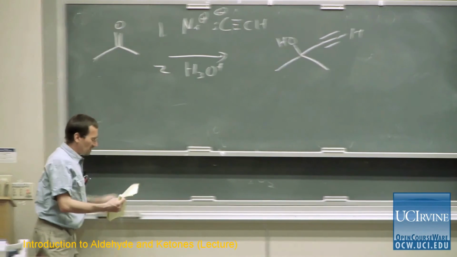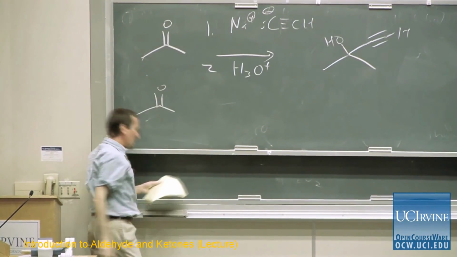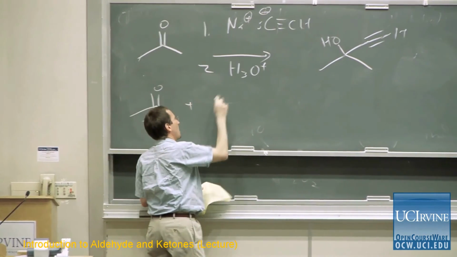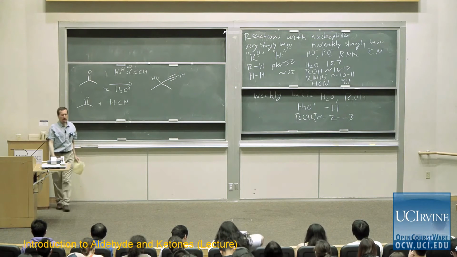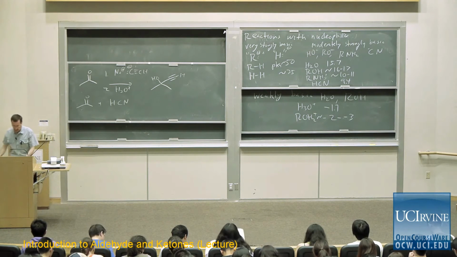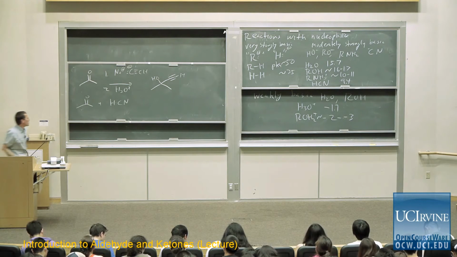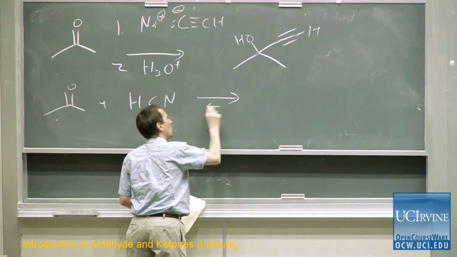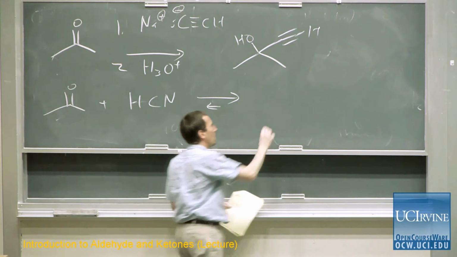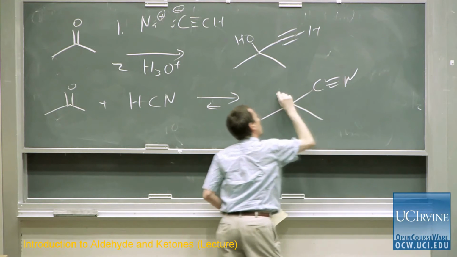I'm going to write this first in a way that may not be so obvious why the reaction is analogous. But if I treat my acetone with hydrogen cyanide, maybe a little bit of base as a catalyst, we have an equilibrium to form a cyanohydrin.